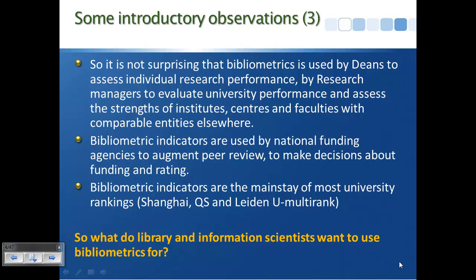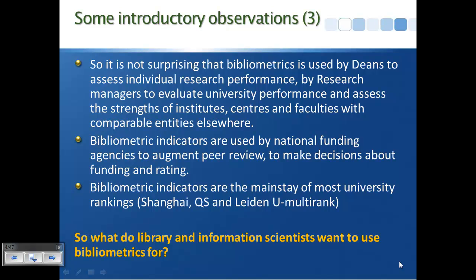But now deans of faculties assess individual research performance and say, okay, Professor X has an H-index of this and Professor Y not, so we give Professor X the promotion, you see. That's now using one index as an evaluative tool.